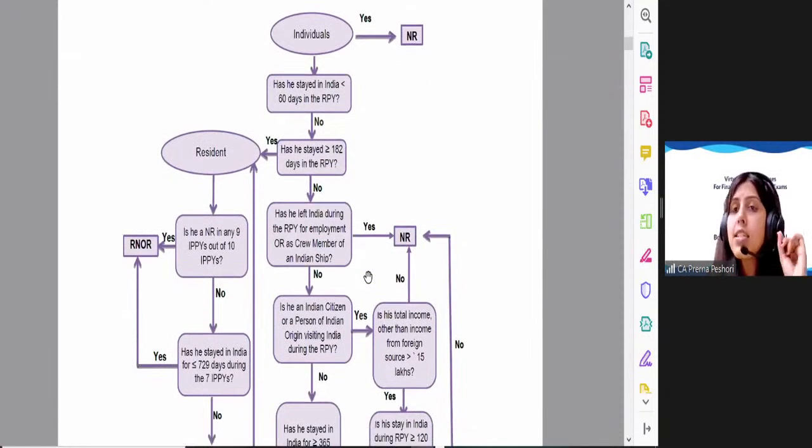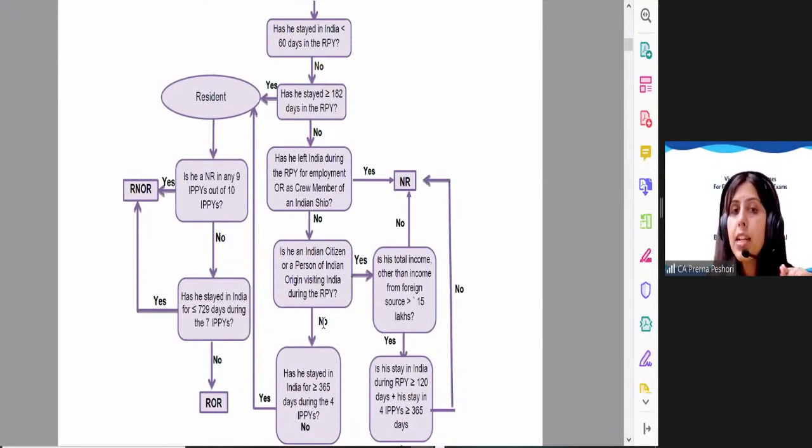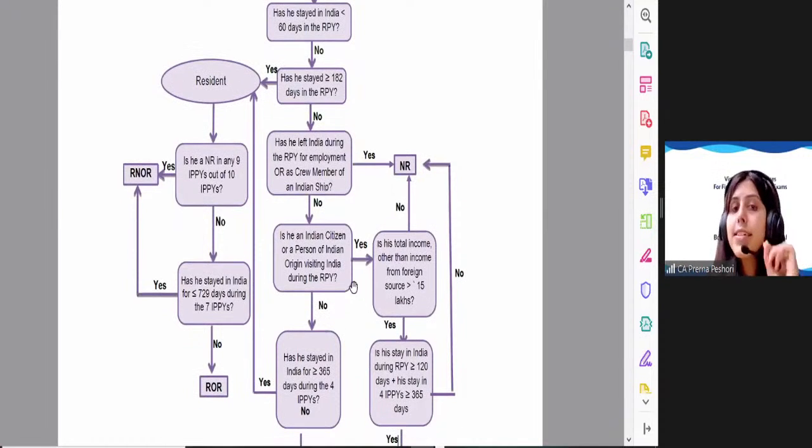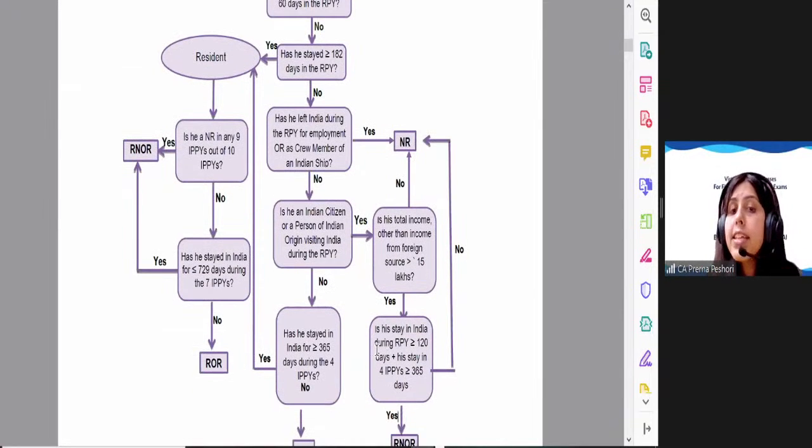If the answer is no, you need to check, is he a citizen or person of Indian origin visiting India during the relevant previous year? If the answer is yes, then is his total income other than income from foreign sources greater than rupees 15 lakh? If the answer is yes, then you need to say, is his stay in India during the relevant previous year greater than 120 days and stay in 4 previous years greater than equal to 365 days?